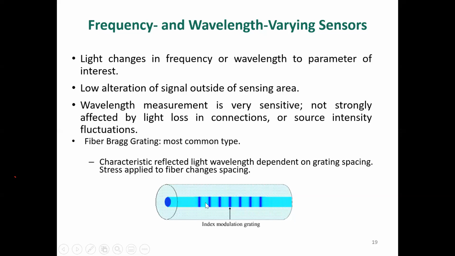So we can make a periodic grating. When light goes through that, some particular wavelength will reflect and some particular wavelength will transmit. By changing the property of the reflected wavelength, we can measure many parameters.